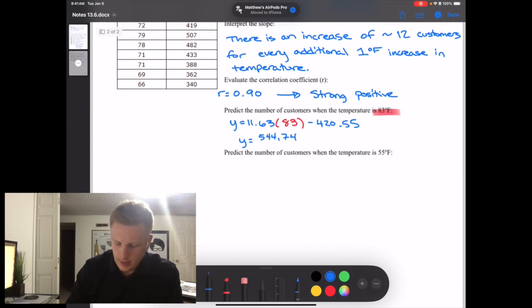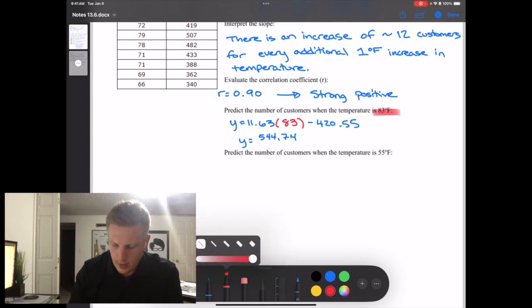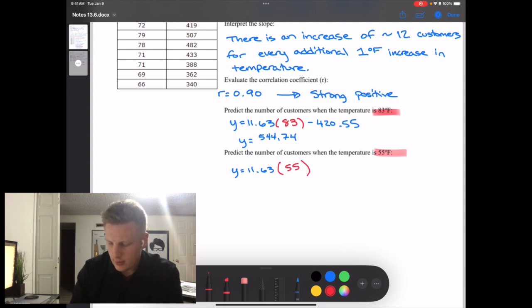Then it says predict the number of customers when our temperature this time is 55. And so here we go, y equals 11.63, but this time we have a 55 plugged in here.